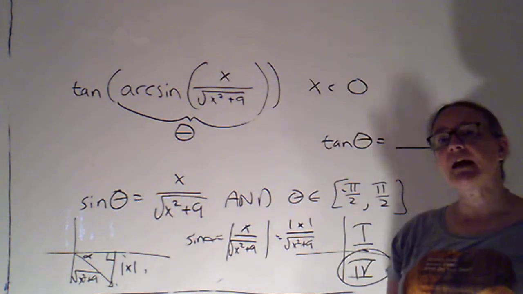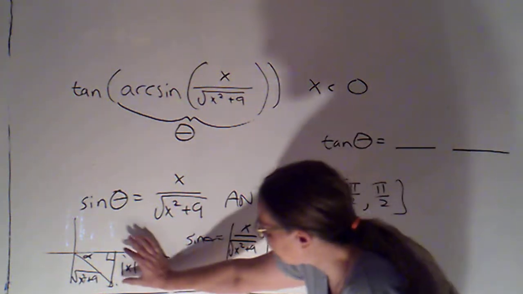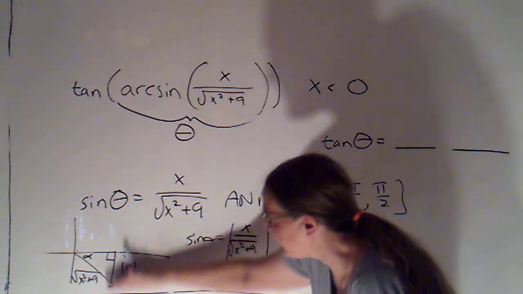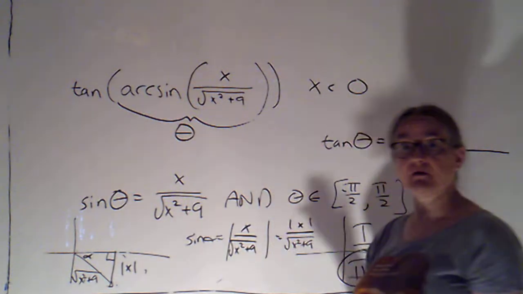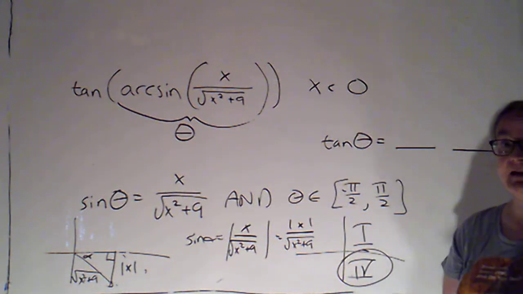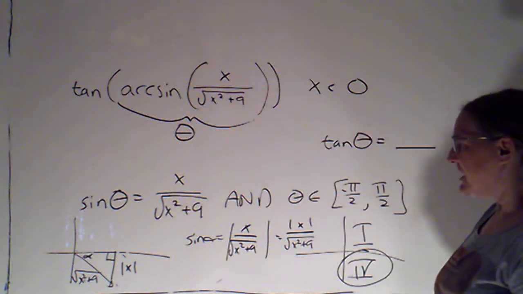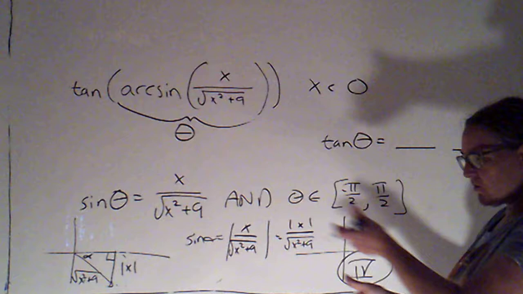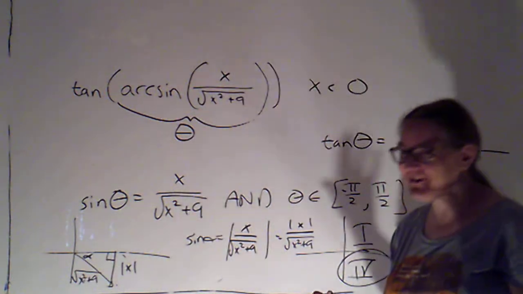Now, if I was labeling my triangle with signed sides, I can see that in this case, this ought to be the negative side because my capital Y value here would be negative. And x, without the absolute value, does represent that. Okay? But I want to be careful because if I'd had the x in the denominator, which corresponds to the hypotenuse, that is never negative.